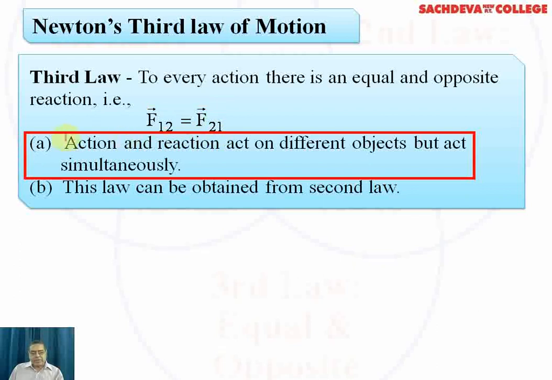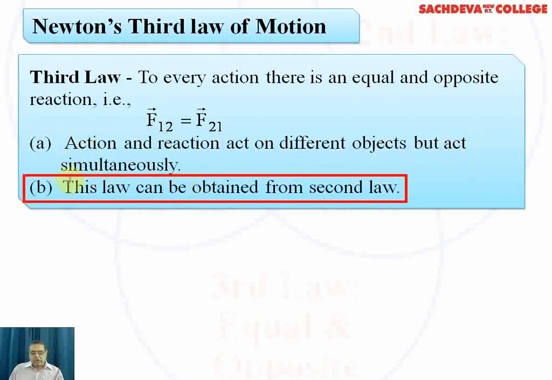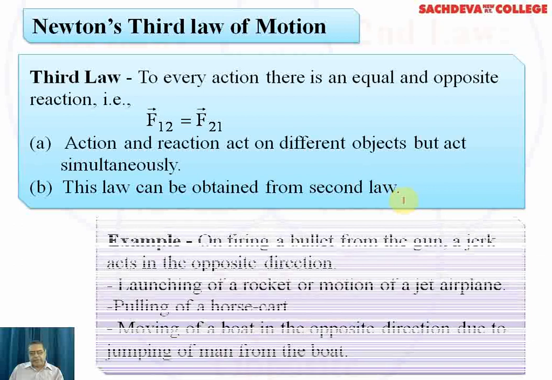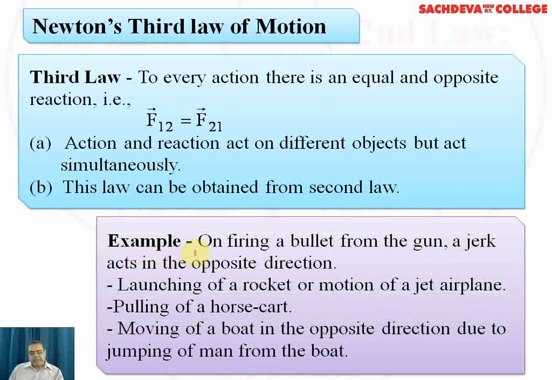That is, action and reaction act on different objects, but act simultaneously. This law can be obtained from the second law, which is stated as: force is directly proportional to rate of change of momentum. That is, F is proportional to dp over dt, or dp over dt can be written as mv minus mu over t. Now there are certain examples.